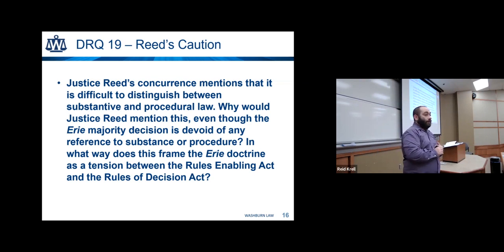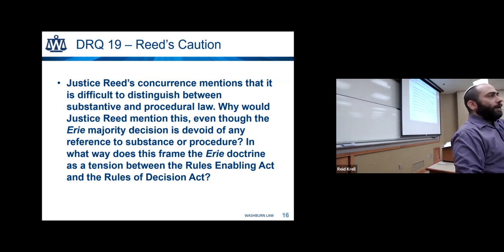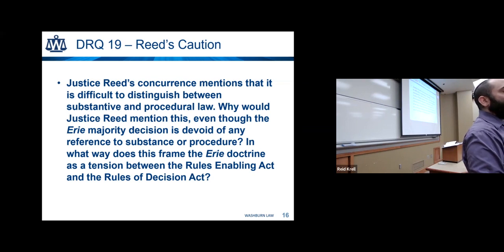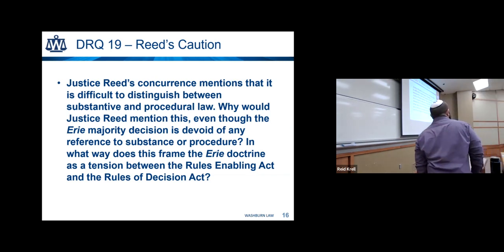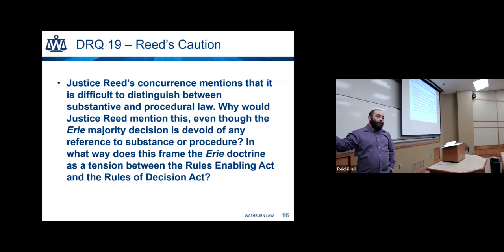Let us suppose further that you're in California, so we're dealing with code pleading. And let us suppose that you have a motion to dismiss for failure to adequately plead pending on September 16th. After September 16th, the federal court issues a ruling that says pleadings are subject to Rule 8, a plain and simple statement of the facts.